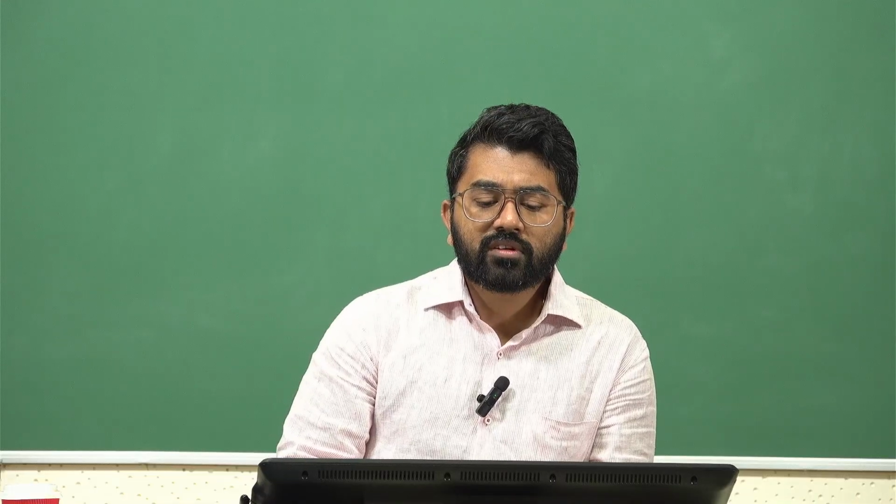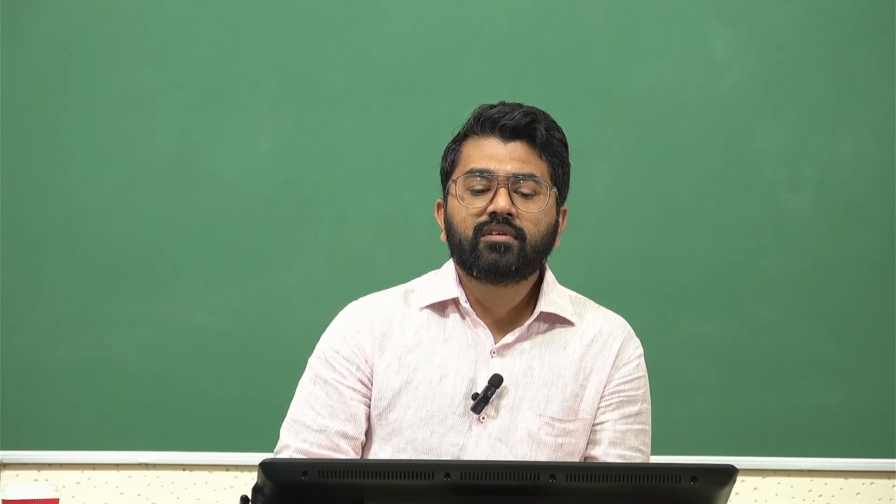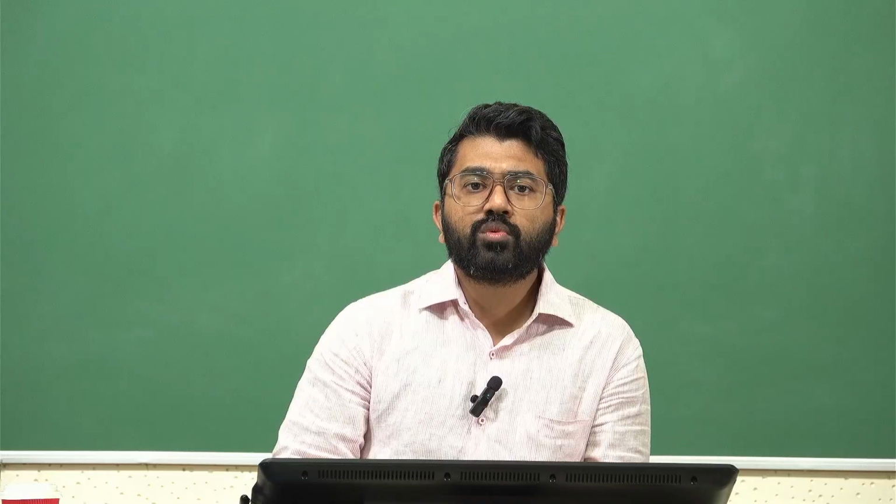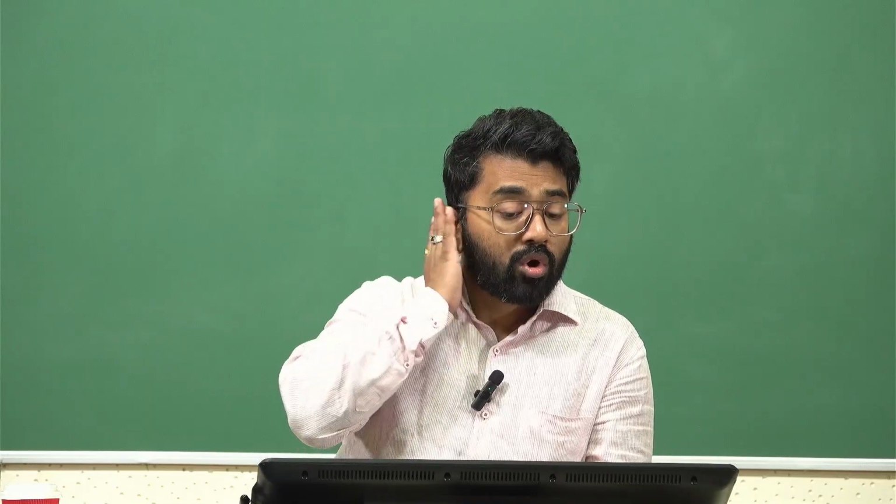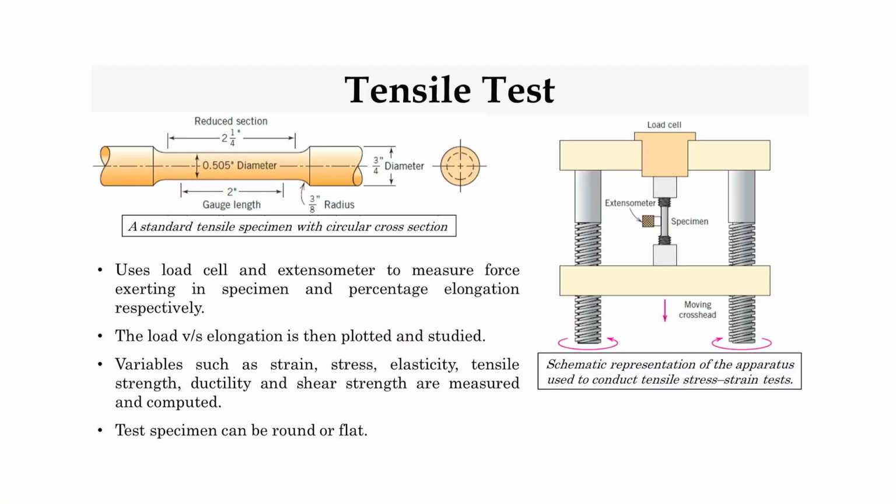So let's revisit all the different kinds of tests, now that we have understood why mechanical tests of materials and tissues in general are important. Let's revisit our first test, and get a little bit into the depth of how different tests are conducted. The first one is known as the tensile test, right?